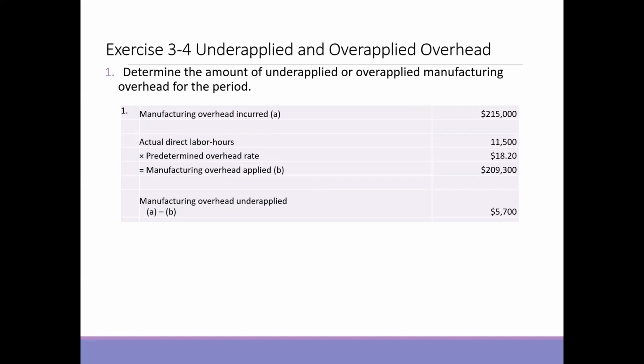So the actual costs were 215. If we applied 209.3, we've underapplied by 5,700. The actual costs were greater than what we applied.